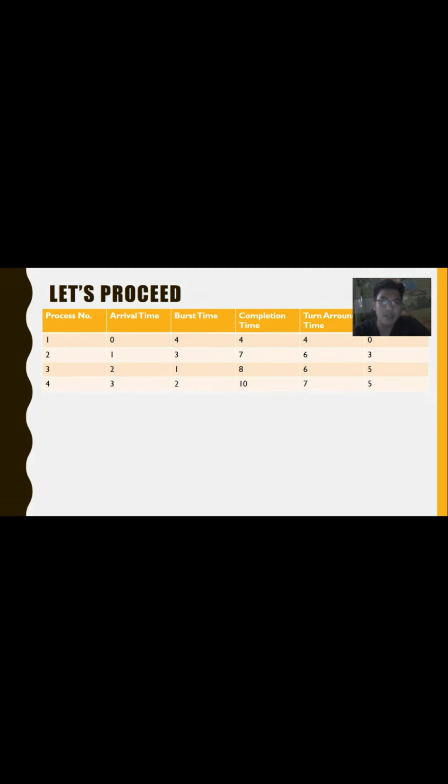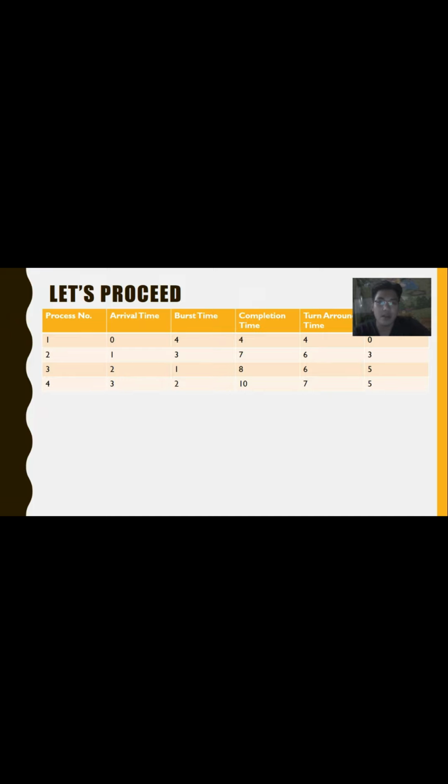In order to get the completion time, we can only have the arrival time and the burst time. So let me show you here the exact computation on how these averages are computed.